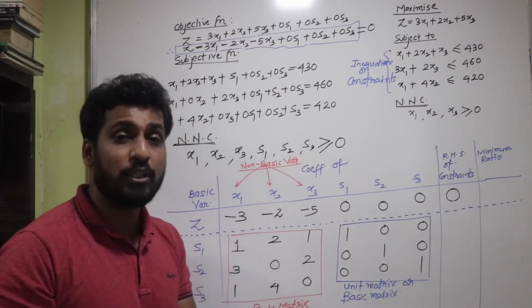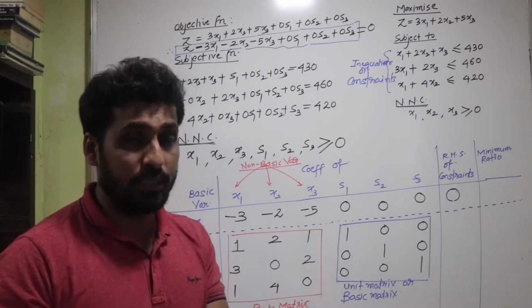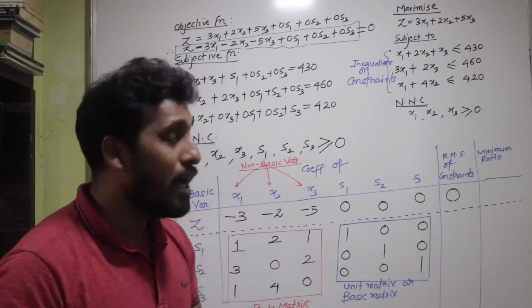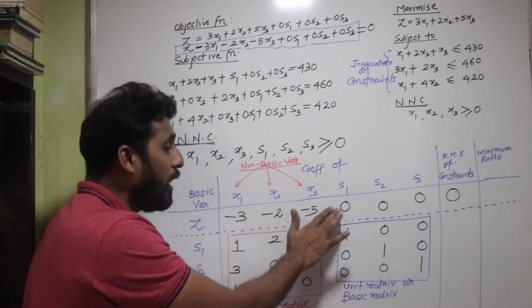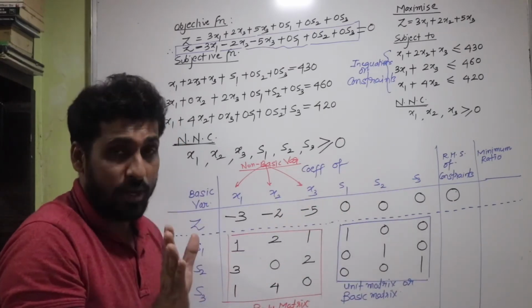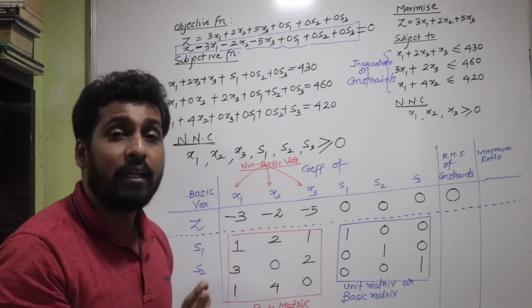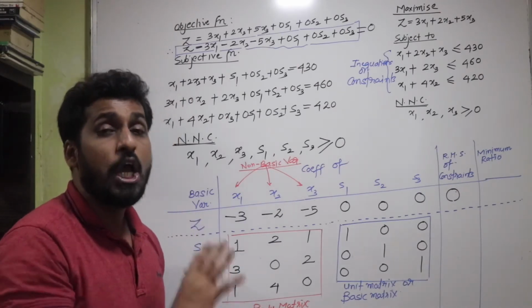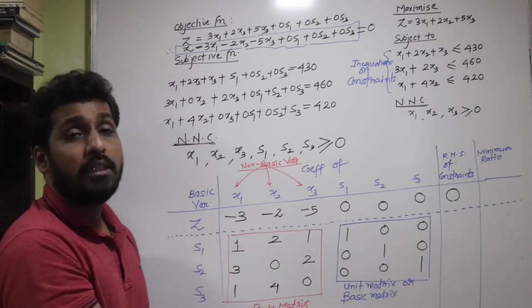Very important statement, students. Make sure that you take a pen and paper and note down this line in your book. I said unless and until you have at least one negative number present in the row of Z, you have not reached the optimum solution. You have to proceed further. You will have to make another simplex table.